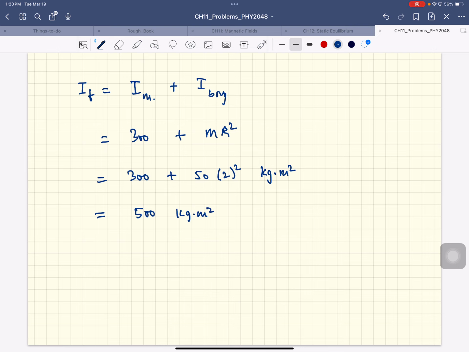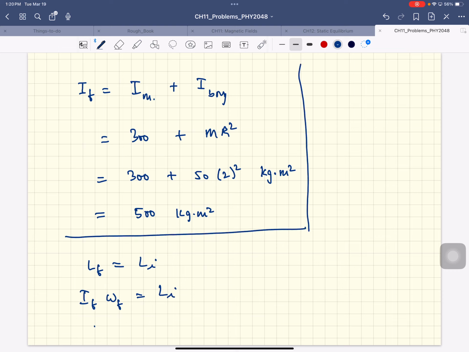So L final equals L initial, I final omega final equals L initial. Omega final is L initial over I final.